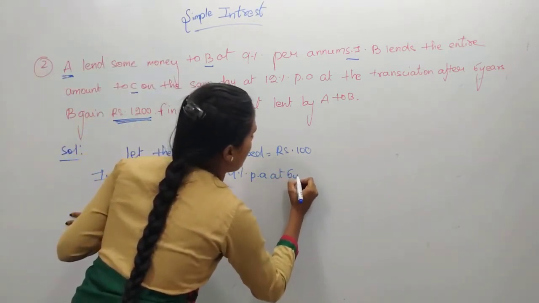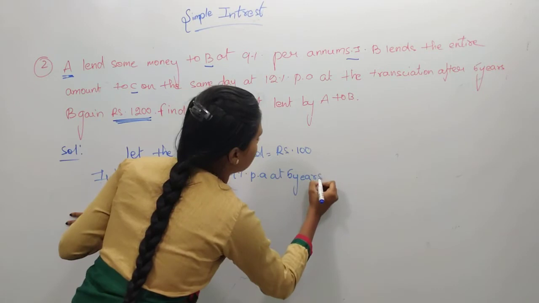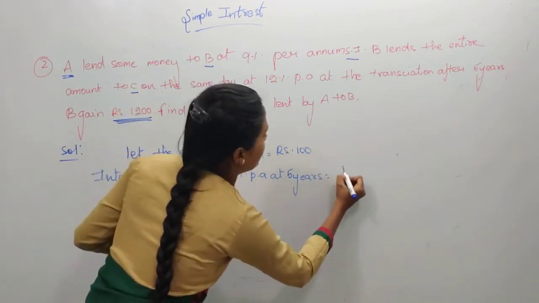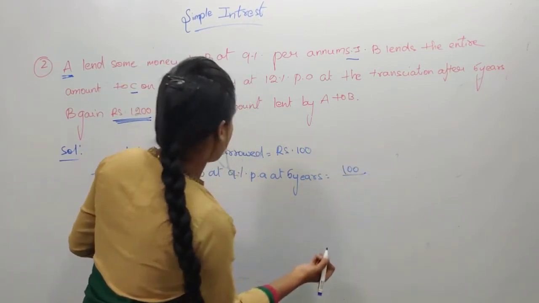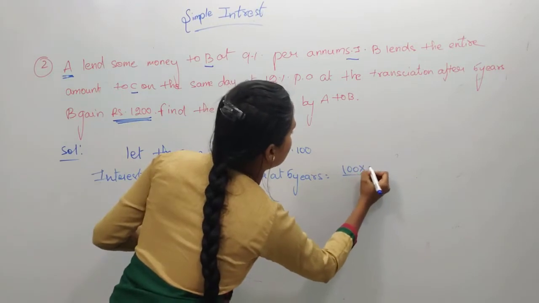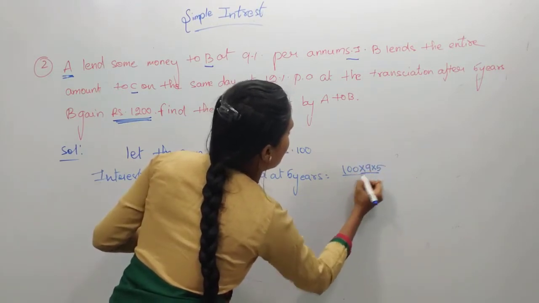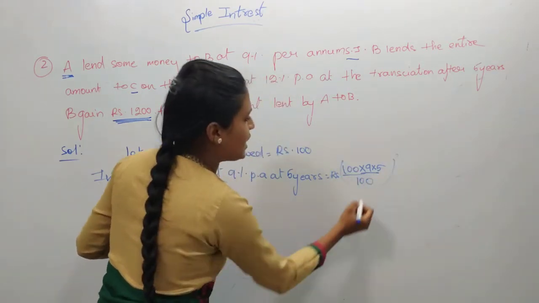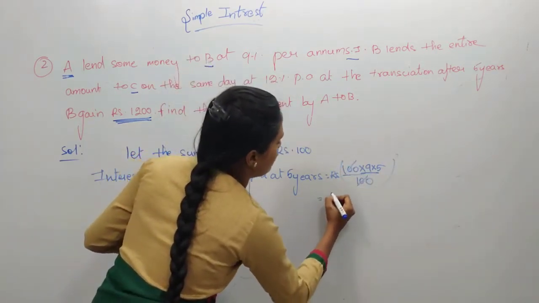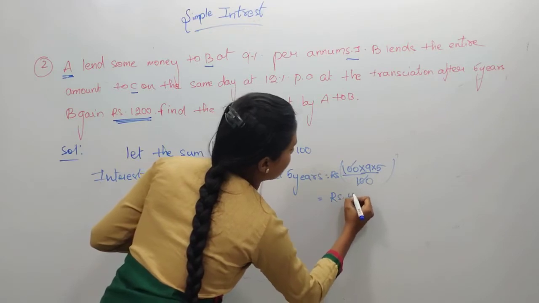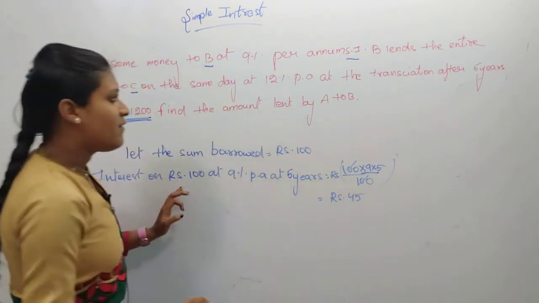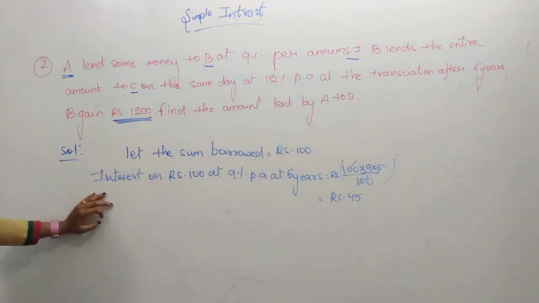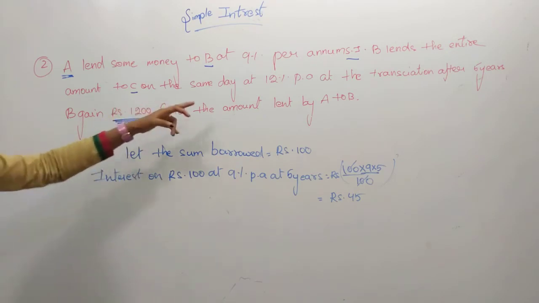How can we solve it? Rupees 100 into 9 into 5 by 100. By doing cancellation, what answer do we get? Rupees 45.